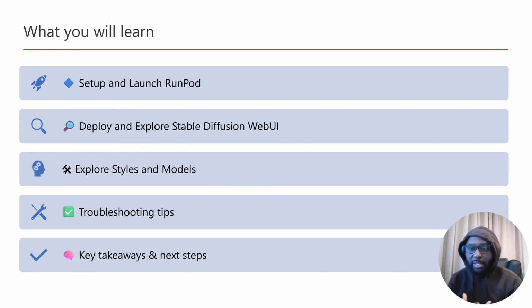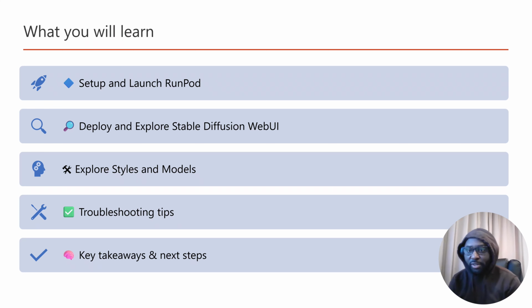Today's content is basically for you if you've ever stared at your screen forever, waiting for an AI art to render because you want to generate an image, or if you've come across those censored messages indicating that there's a particular type of image that you cannot render.